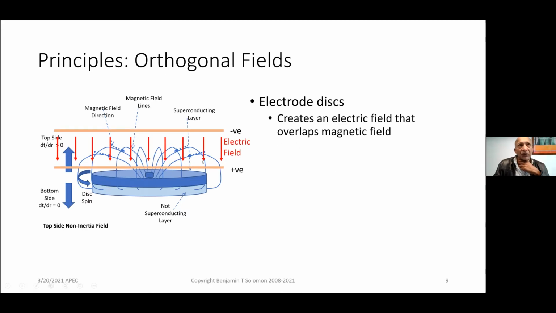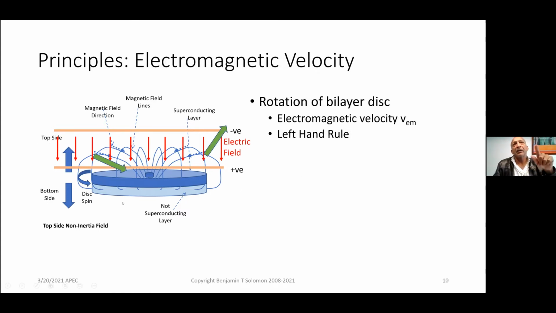You can put two plate-like electrodes, because we now don't need a superconducting disk. You can put two plate-like electrodes where it overlaps the upper magnetic field. And when you spin the disk, you get the electromagnetic velocity, and you have to watch for this gradient that's being created in the combination of the rotational mechanical velocity and the electromagnetic velocity.